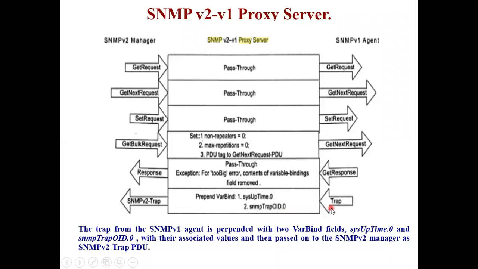The MIB of trap in version 1 was different, the object identity, and in MIB 2 of version 2, the object identity was different. So I need to change the object identity of the trap, and then the message goes as it is. So this is how I will deal with the compatibility issue of version 1 and version 2.